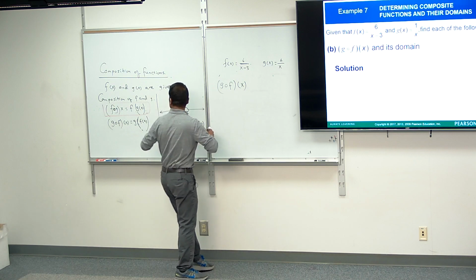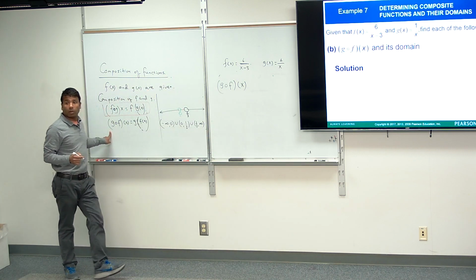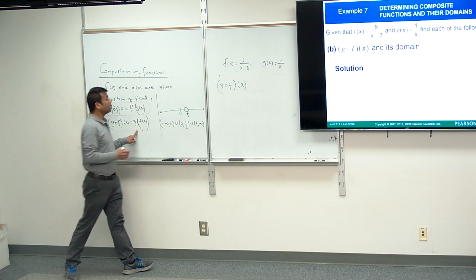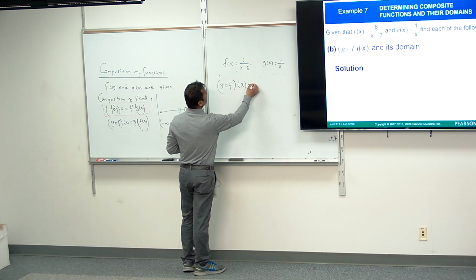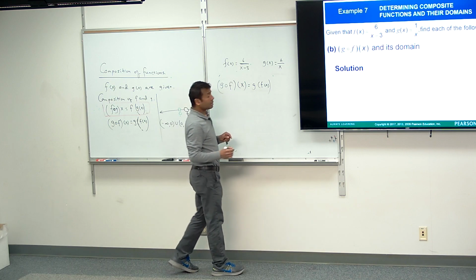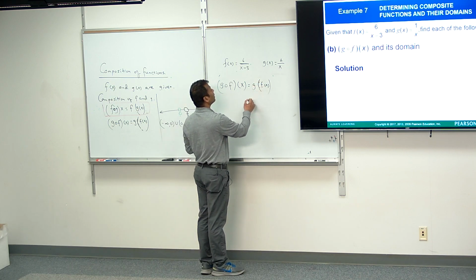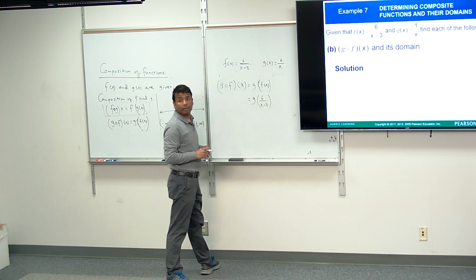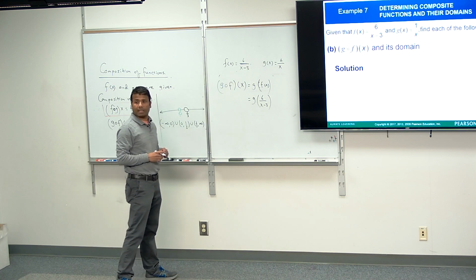And by definition, look at the definition. What is g circle f of x? g of f of x. g parenthesis f of x. Is that right? What is your f of x? 6 over x minus 3. Does that make sense?